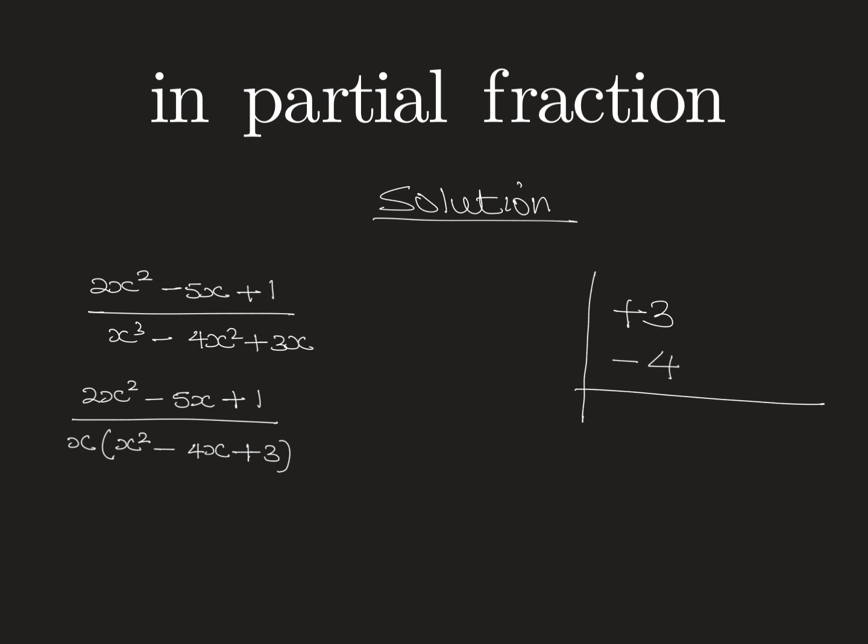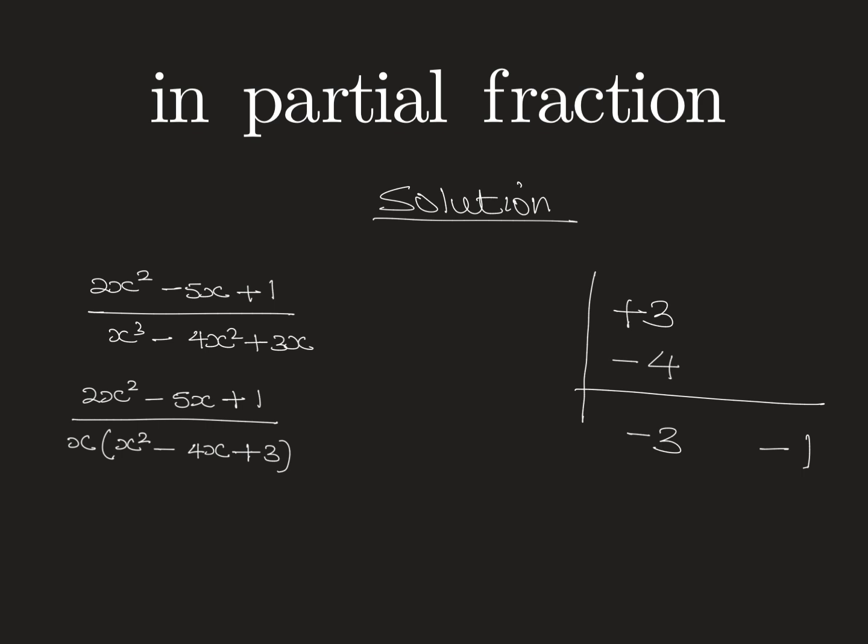Now I ask myself, what two numbers can I multiply to give me positive 3, but if I add them, I will have negative 4? Those two numbers are negative 3 and negative 1, because negative 3 times negative 1 is positive 3, but negative 3 minus 1 will give you negative 4.